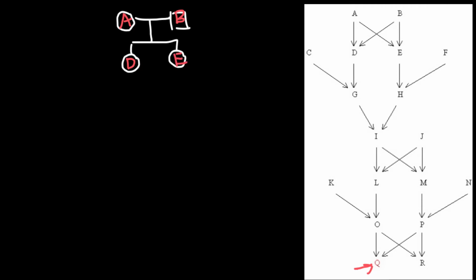As you see, D and E also have their children G and H. D contributed 50% to child G, and her husband C contributed another 50%. So let's put one husband here, another husband here.